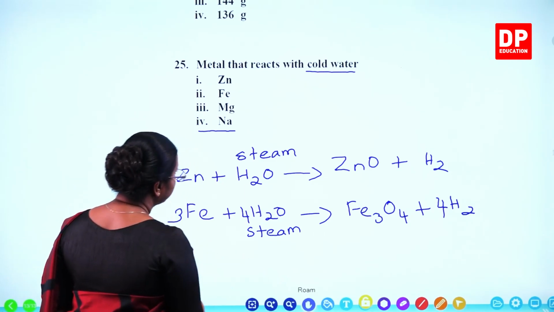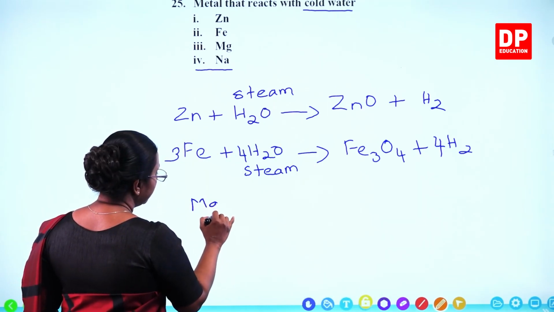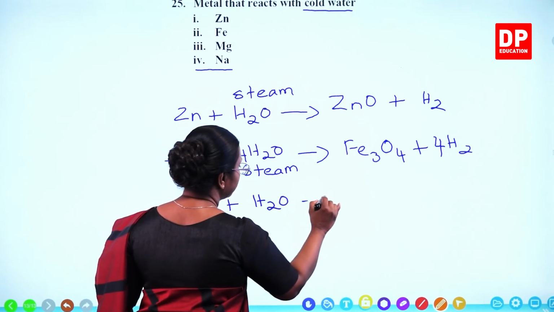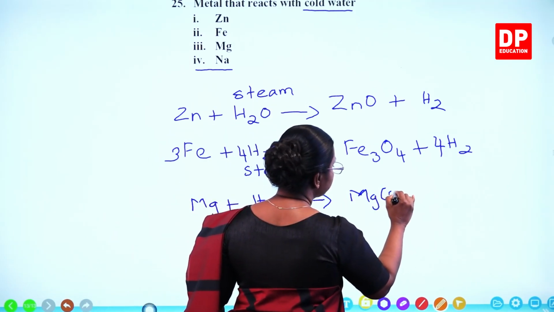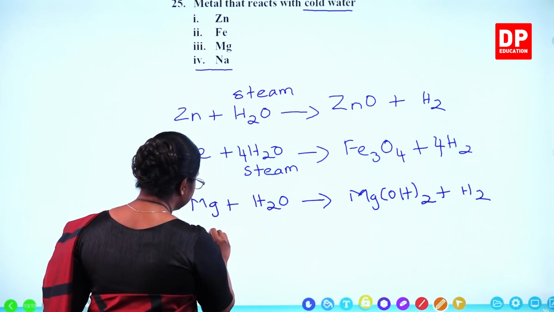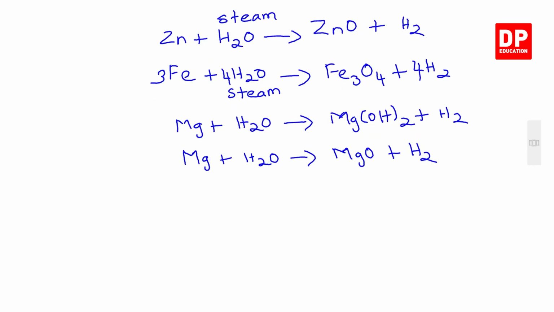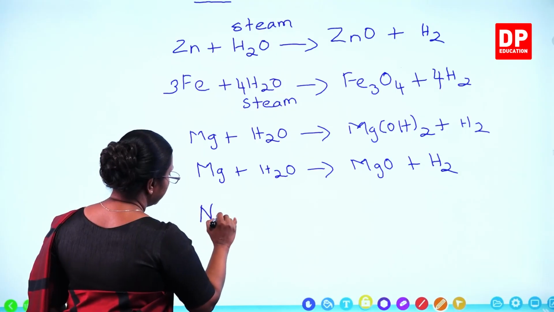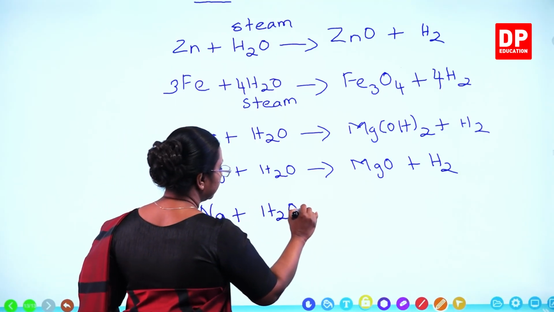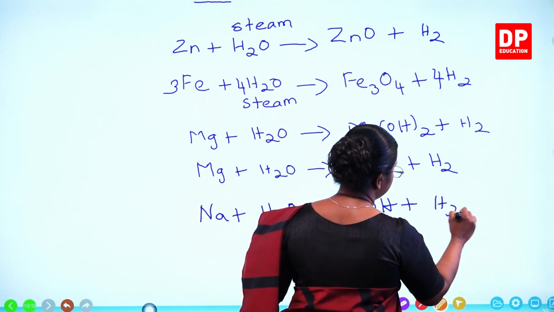Then magnesium, of course, reacts with hot water. Mg plus hot water, you get magnesium hydroxide and H2, and magnesium with steam, you get magnesium oxide and H2, whereas sodium reacts with cold water, giving rise to NaOH and H2.